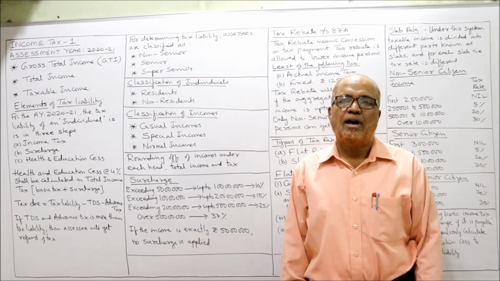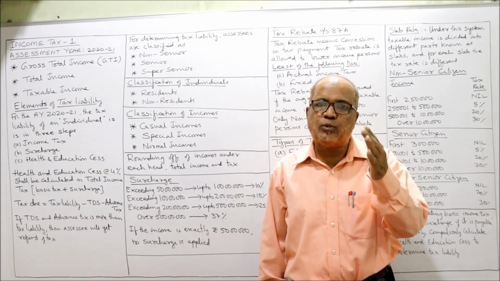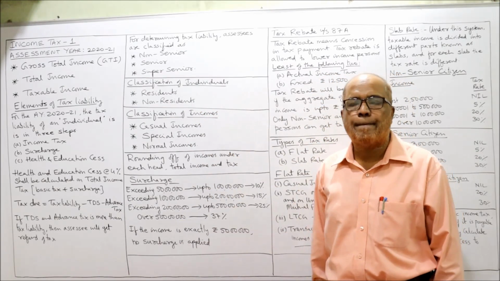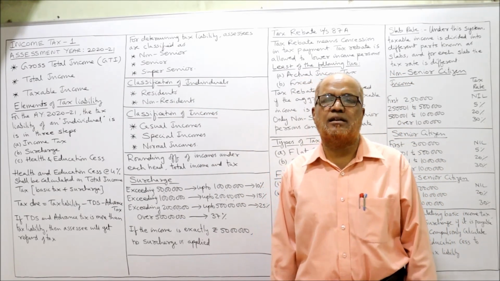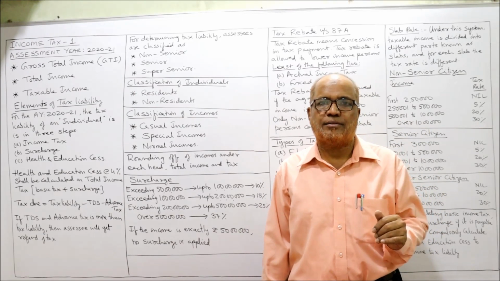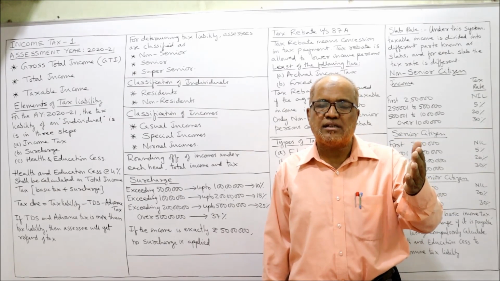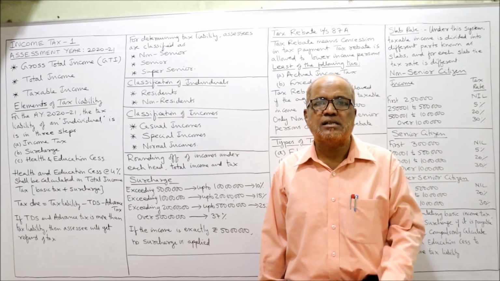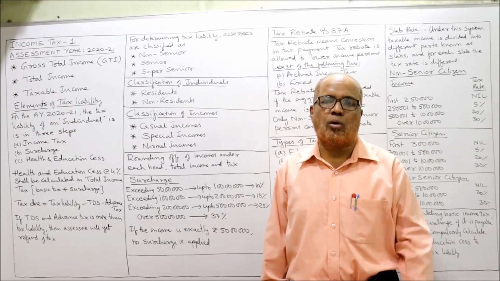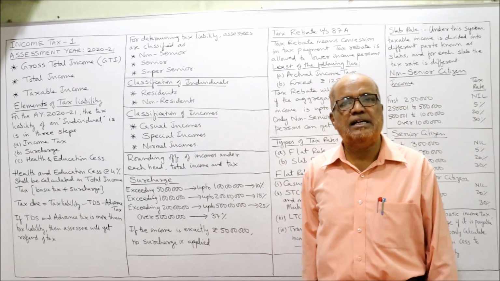A non-senior citizen is an assessee up to 60 years of age. Over 60 years but below 80 years, he will be called a senior citizen. 80 years and above are called super senior citizens.